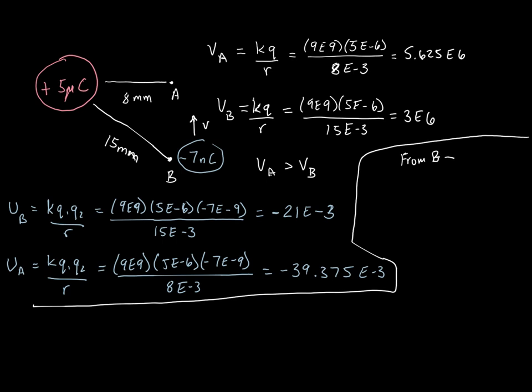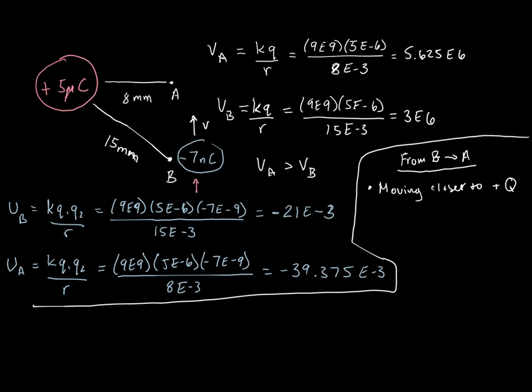So moving our negative charge from point B to A, there are a couple of things happening here. We're moving closer to the positive charge. Okay, and so if we consider that this is a negative test charge, moving closer to something you're attracted to means field is going to push you that way.